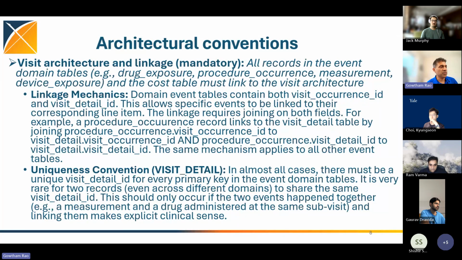The linkage requires joining both the fields. For example, the procedure occurrence record links to the visit detail table by joining the procedure occurrence visit occurrence ID to the visit detail visit occurrence ID, and procedure occurrence visit detail ID to visit detail visit detail ID. So now you have those joins, and then you have satisfied the star schema.